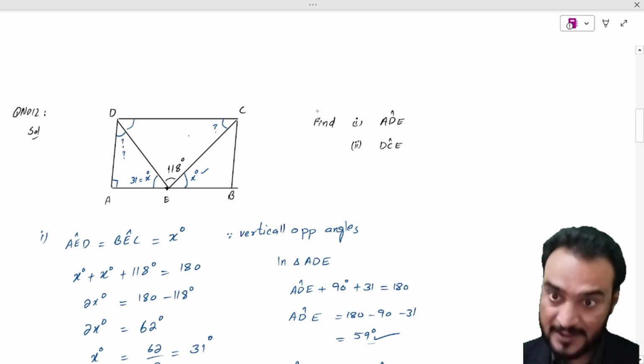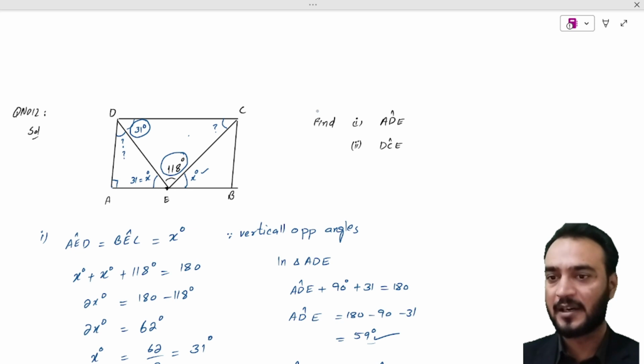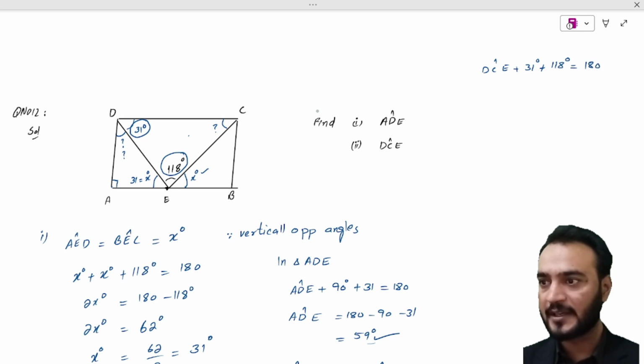Now this angle CDE is equal to 31 degrees. So in triangle CDE, we know two angles. One is 118 degrees and the second is 31 degrees. And the third angle is obtained by putting the sum of interior angles of this triangle equal to 180 degrees. So let us put the sum equal to 180 degrees. So the angle DCE plus 31 degrees plus 118 degrees equals 180 degrees.